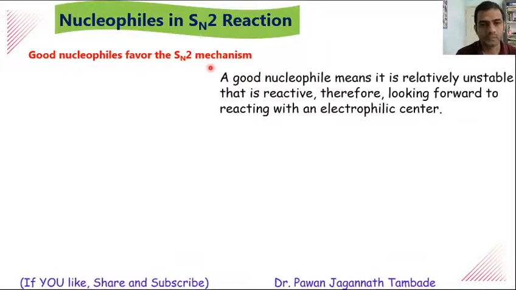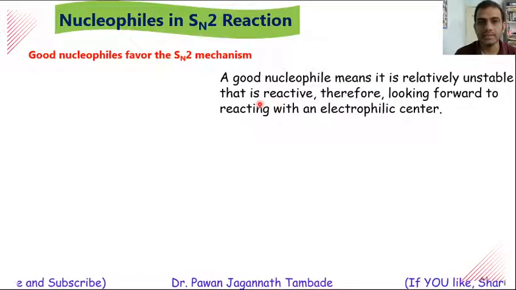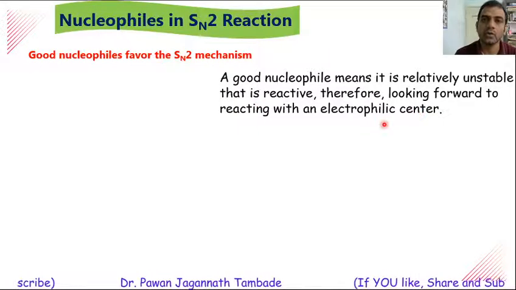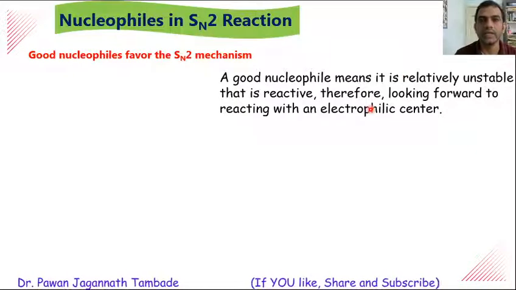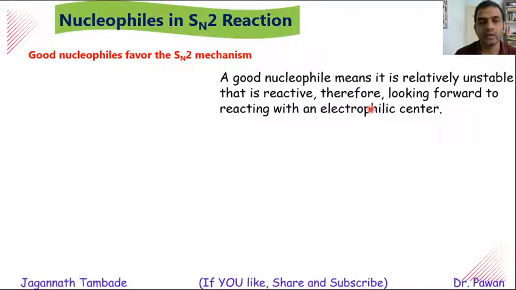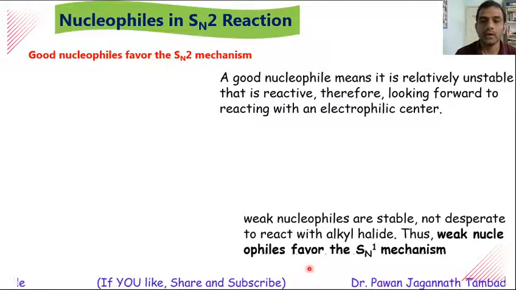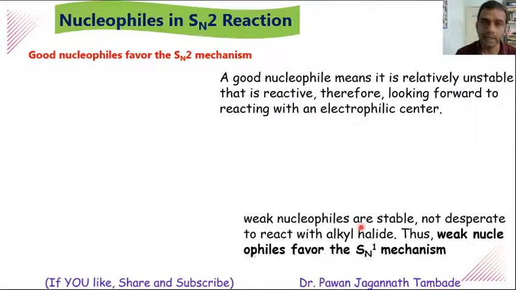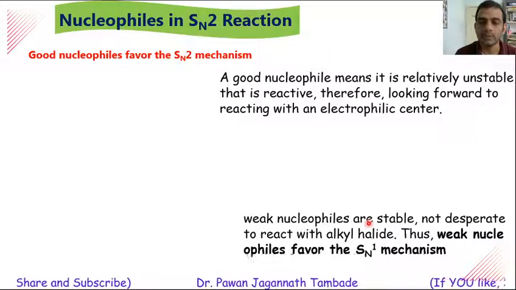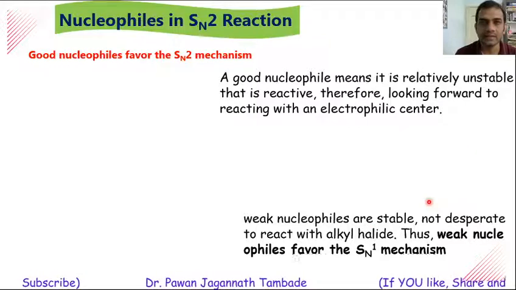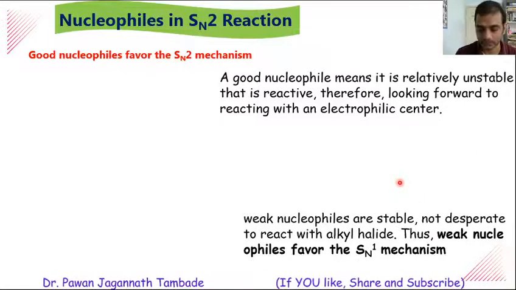A good nucleophile means it is relatively unstable, that is, it is reactive, therefore looking forward to reacting with an electrophilic center, and it will immediately attack the electrophilic carbon atom of our substrate. However, if a nucleophile is weak, it means that the nucleophile is relatively stable, is not desperate to react with the alkyl halide, thus a weak nucleophile favors the SN1 mechanism.